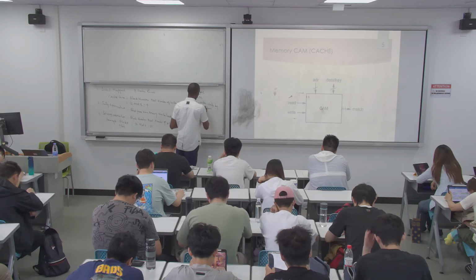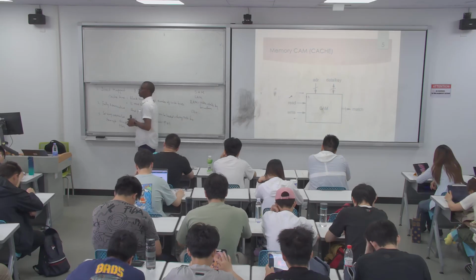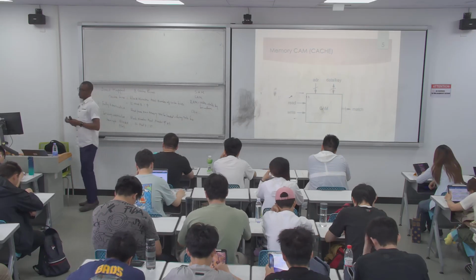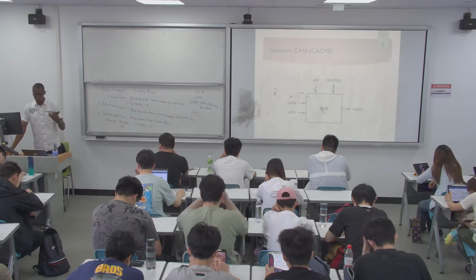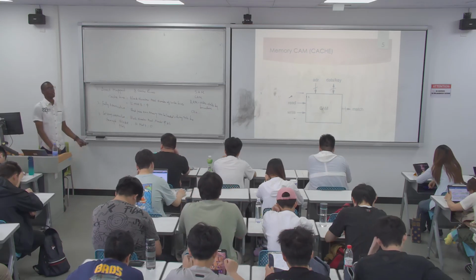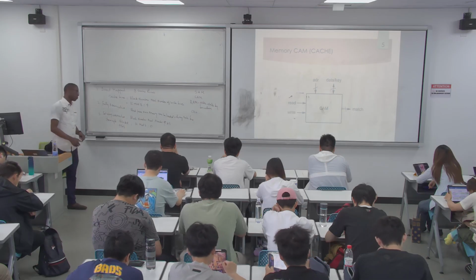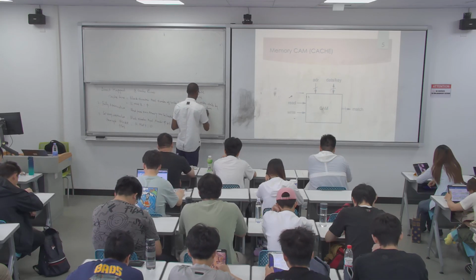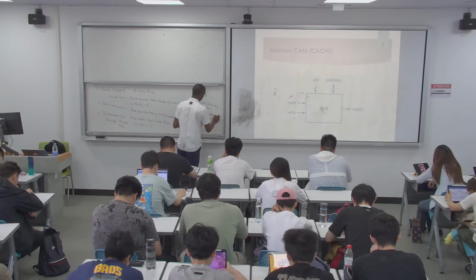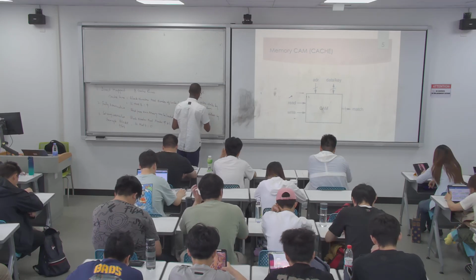For a CAM, content addressable memory, the system does not look for the data via the address. Instead, the system asks for address by data. The system asks for address by content, by data.